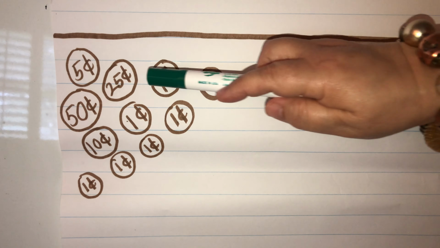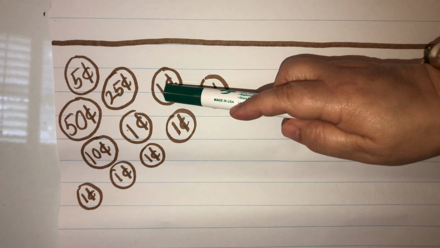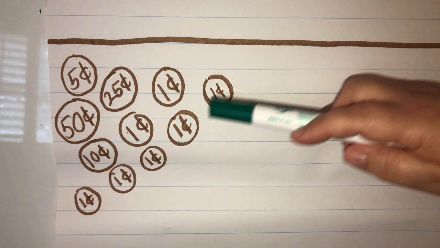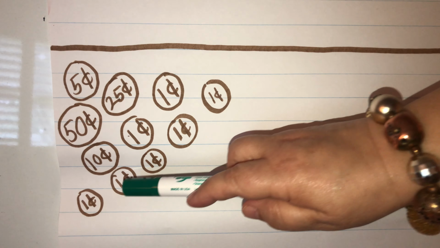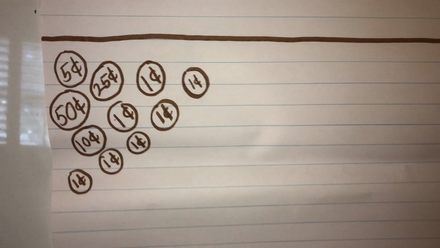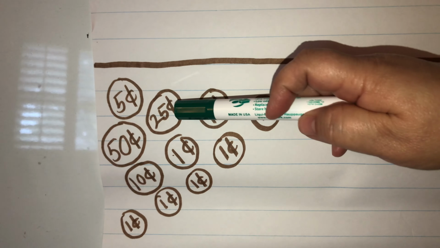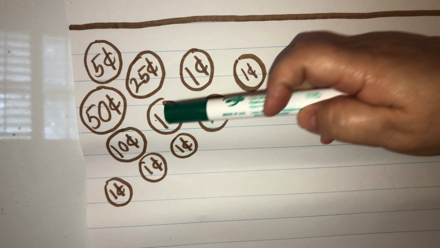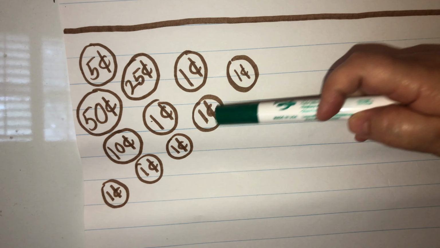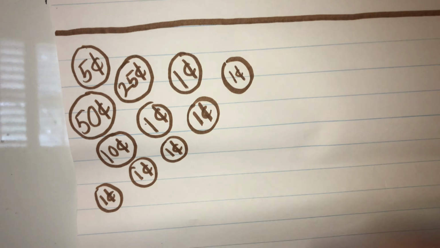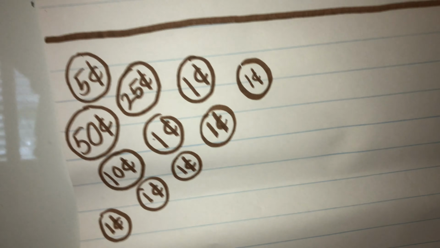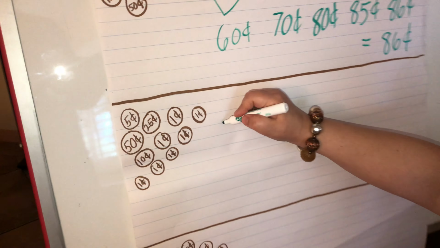I have 1, 2, 3, 4, 5, 6, 7, 8, 9, 10, 11. That sounds like a lot of coins. I better count back and make sure I didn't make a mistake. Yep. 11 coins, so I'm going to make 11 lines.